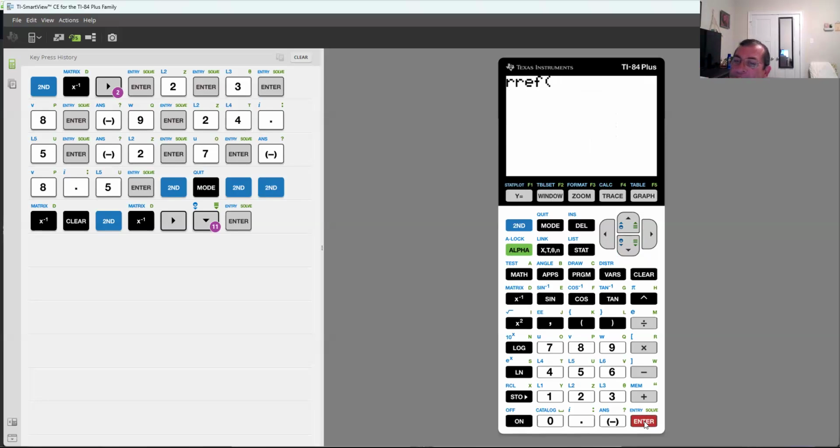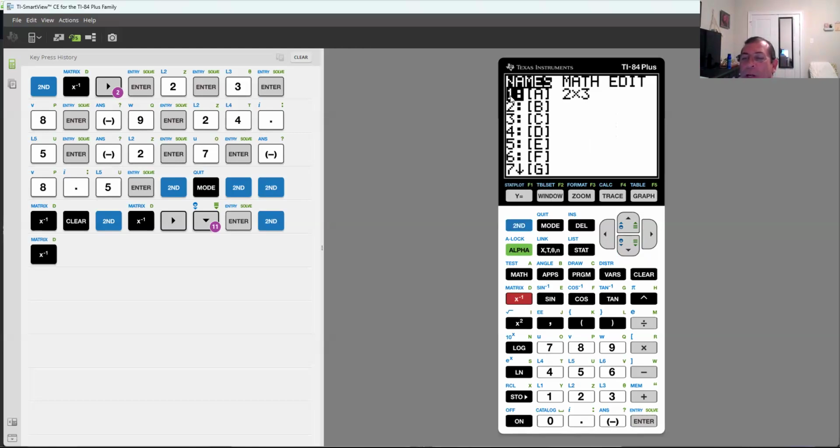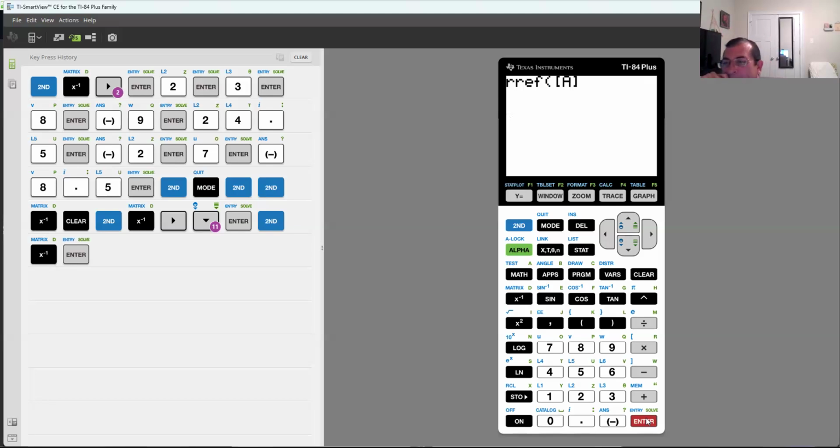So y'all, guess what? For the third time, I'm going to hit second x negative 1. But this time I'm just going to hit enter because number 1 is highlighted and number 1 is where I put that matrix at. So I'm just going to hit enter so it brings that matrix A up there that I just did.